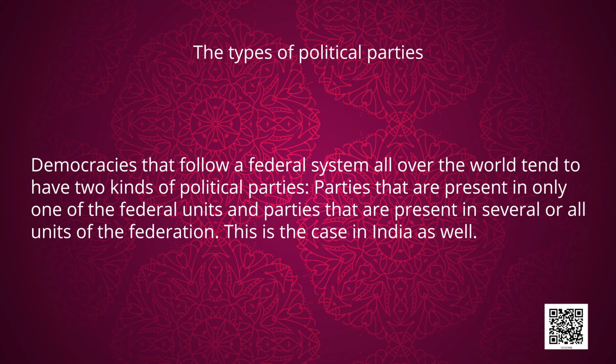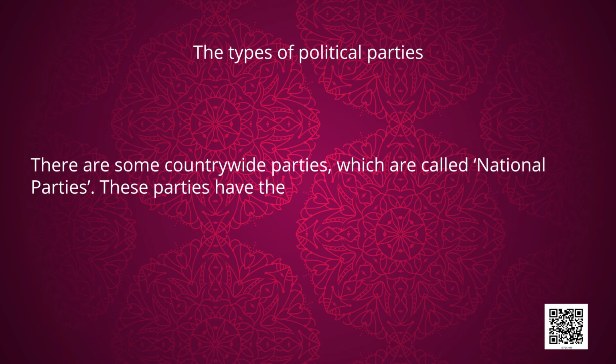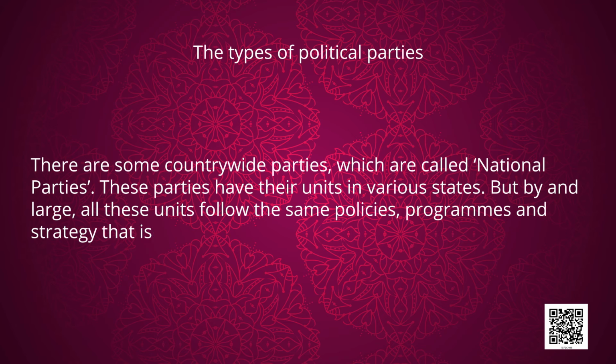This is the case in India as well. There are some countrywide parties which are called national parties. These parties have their units in various states, but by and large, all these units follow the same policies, programs, and strategy that is decided at the national level.